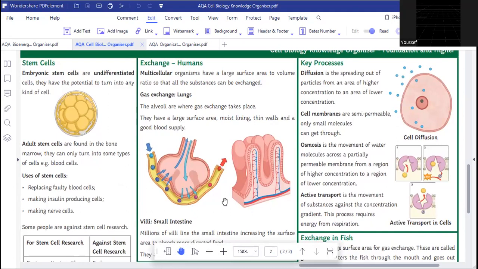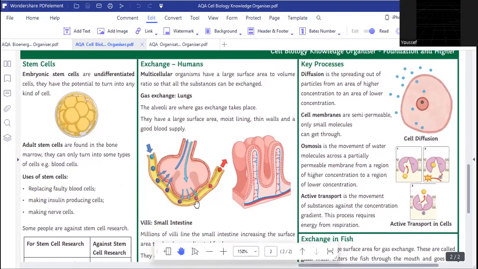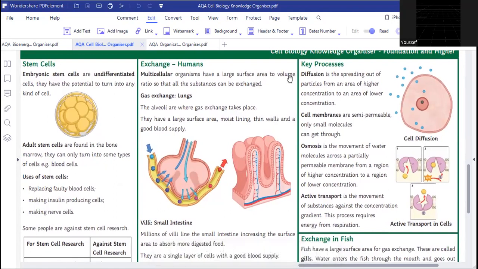Multicellular organisms have a large surface area to volume ratio so that all substances can exchange across the membrane. Let us understand what this means.